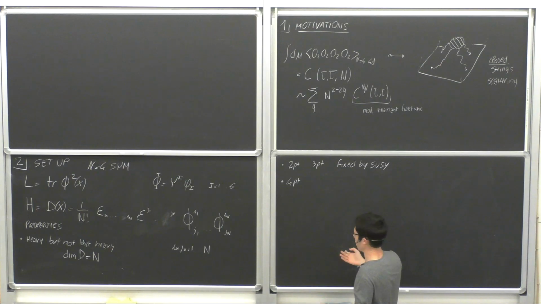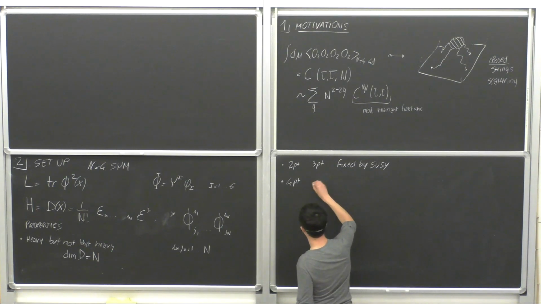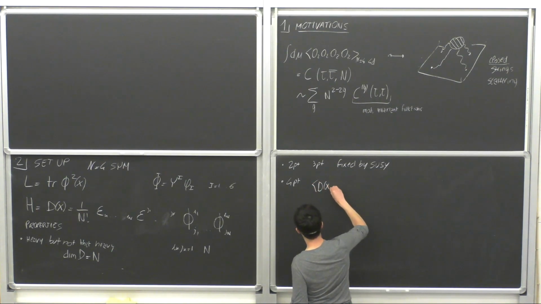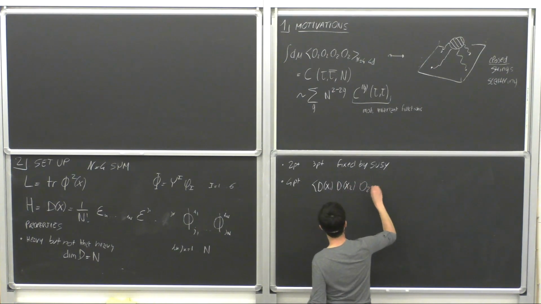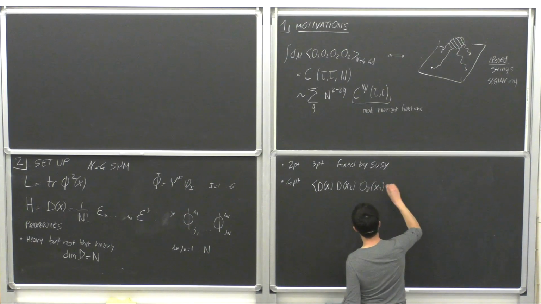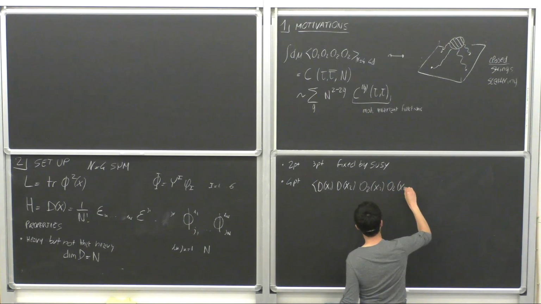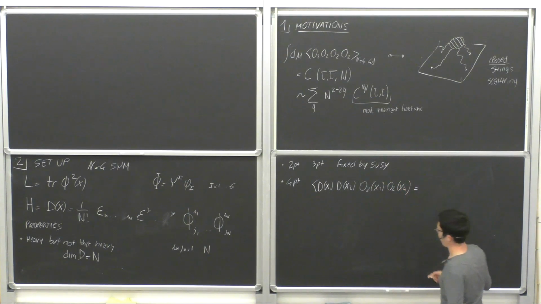And we consider the simplest 4-point function, which is D inserted at x1, D at x2, O2 at x3, O2 at x4.